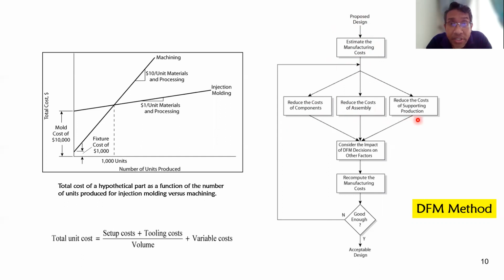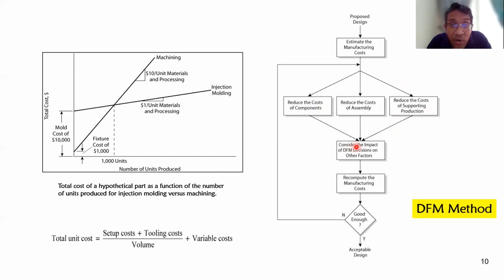Number three, reduce the cost of supporting production. For these three costs, we need to make estimations first, so we know what is inside each cost, and then we can make a reduction.